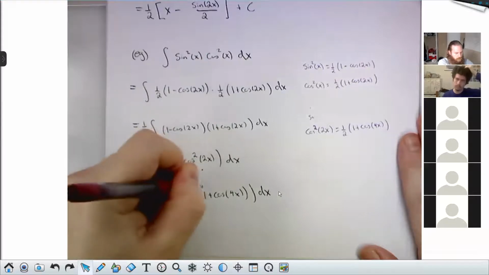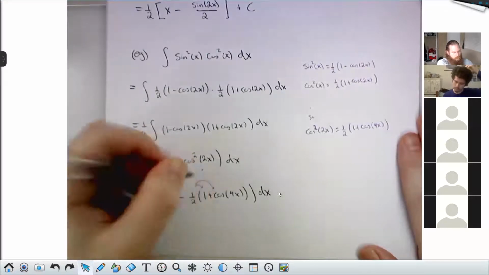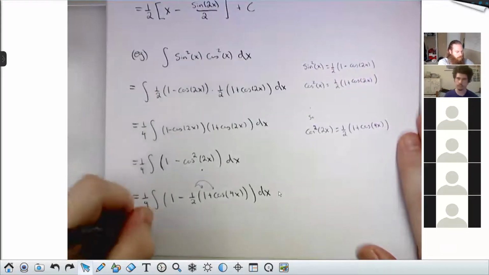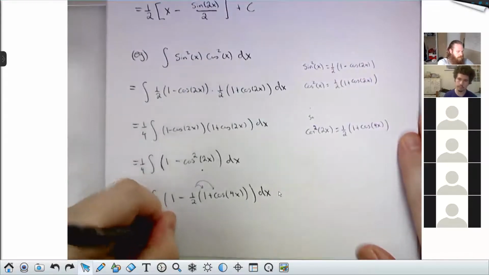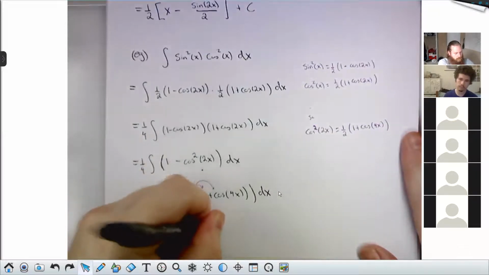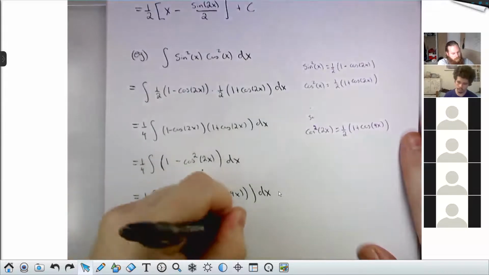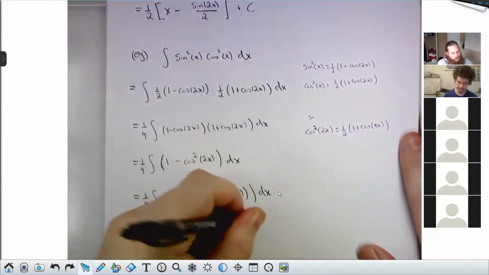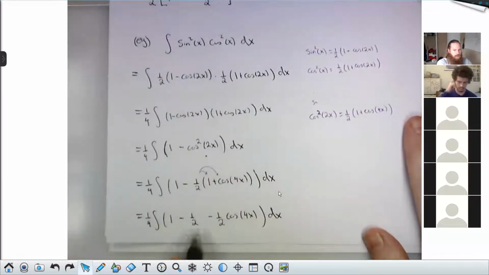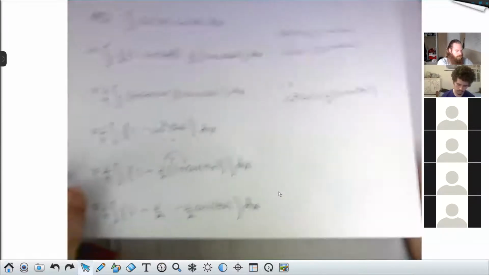It goes here and here. And I get 1/4 integral of 1 minus 1/2 minus 1/2 cosine 4x dx. And now everything in here I know how to handle. I can combine these two. 1 minus 1/2, that's just 1/2.